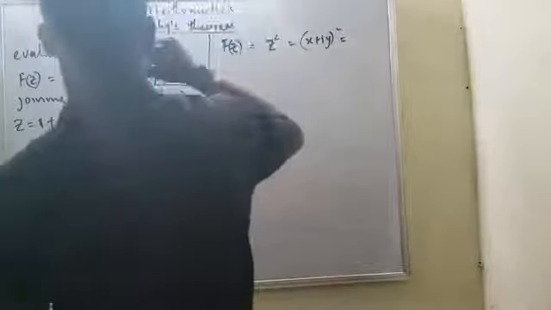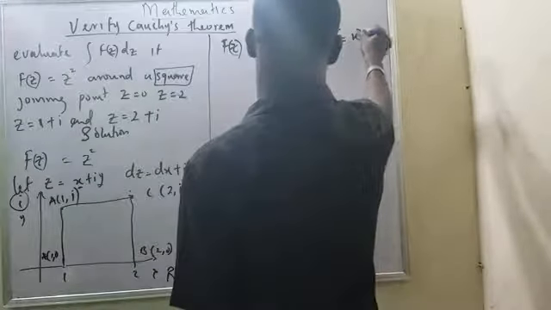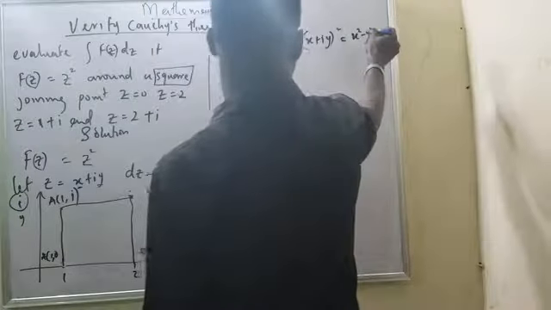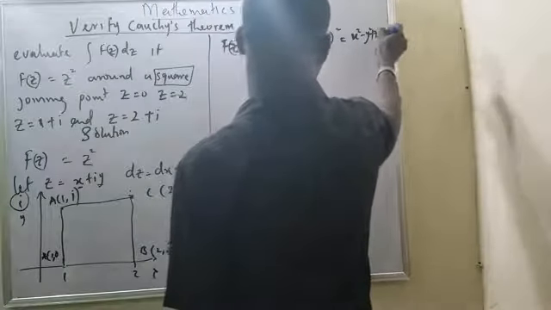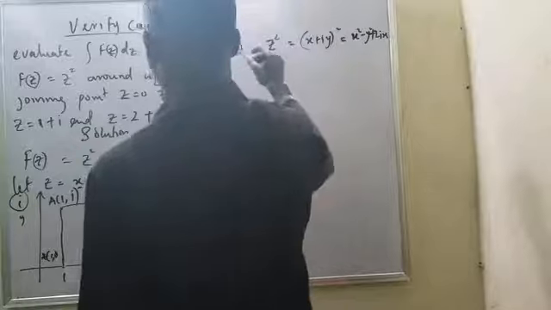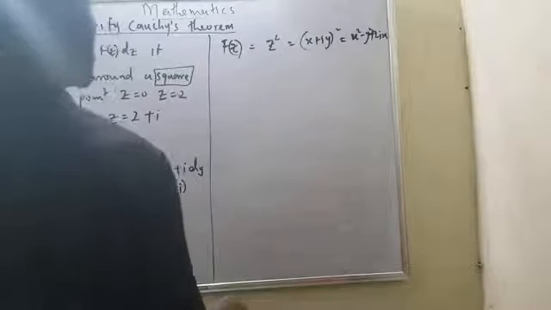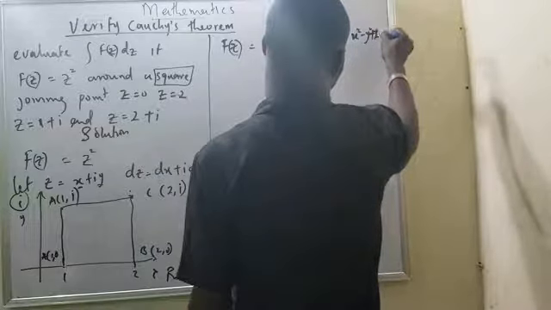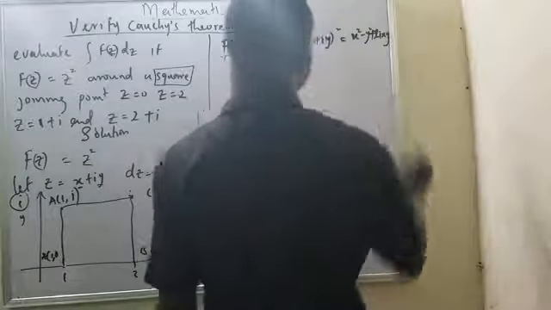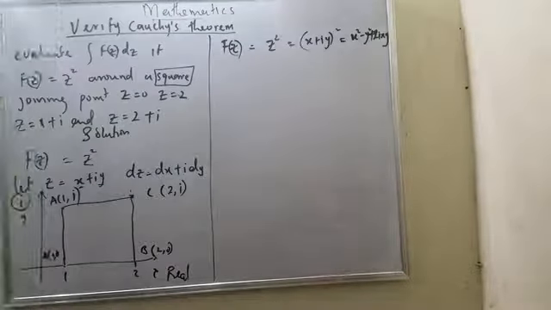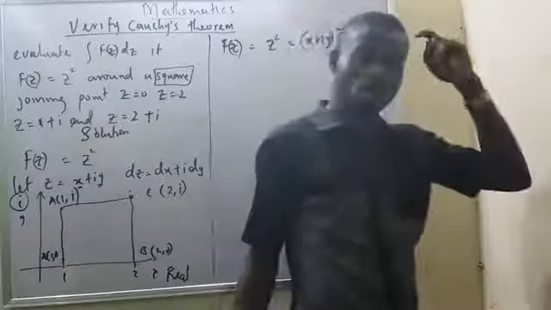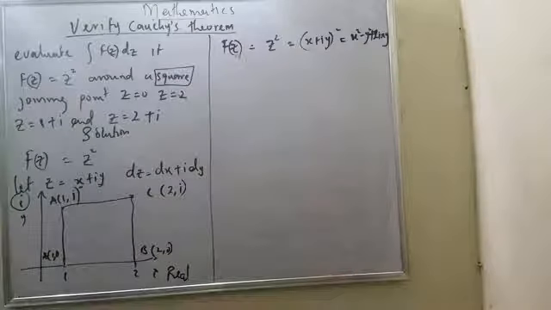If I expand this one, I'll be having x squared minus y squared plus 2ixy. Why am I explaining that? When I have my i squared, it will generate minus 1, which we have done in our previous video.